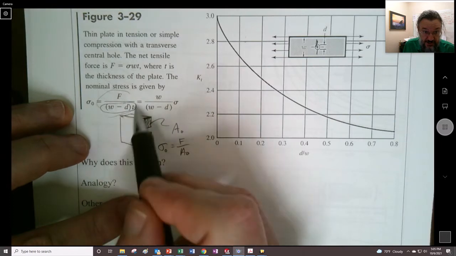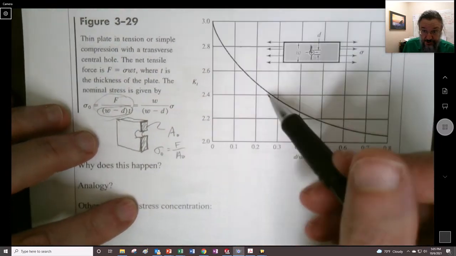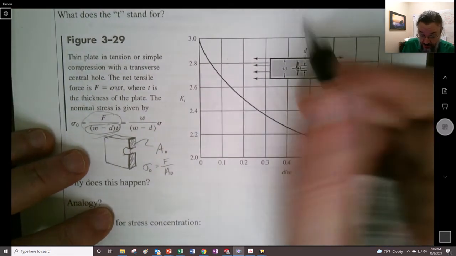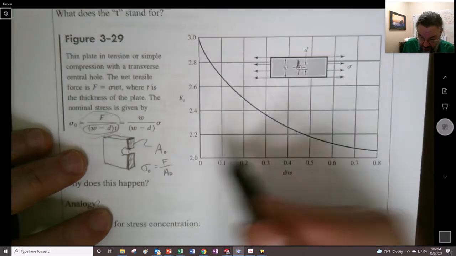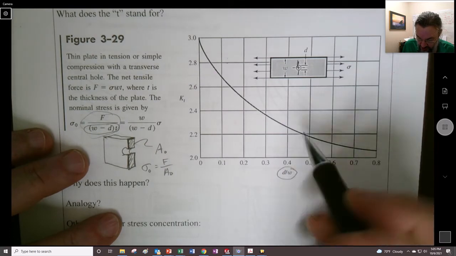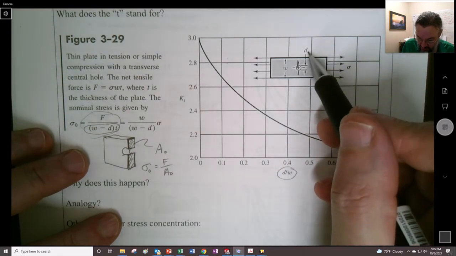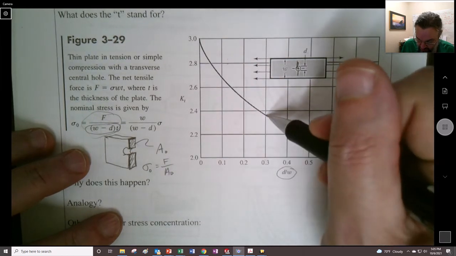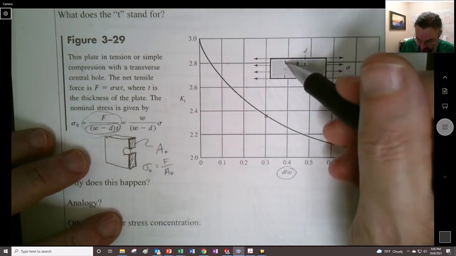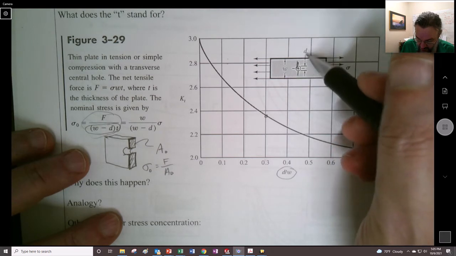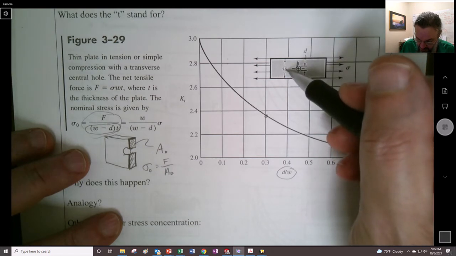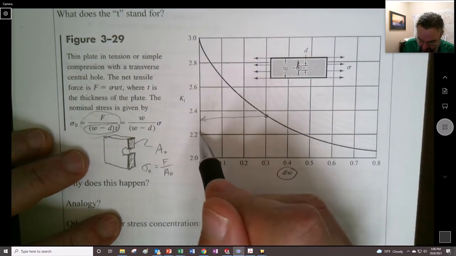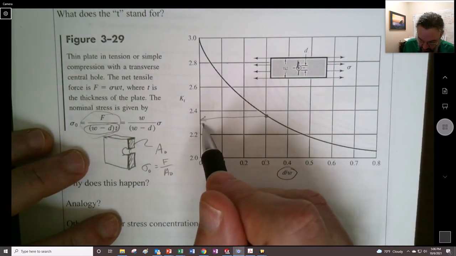So we can just look in these captions anytime we want to figure out what this is based on. If you want to find the maximum stress, you find the ratio here of the diameter of the hole to the width. Let's say the diameter is only 0.3 times the width. We're going to predict something like 2.3 and change.